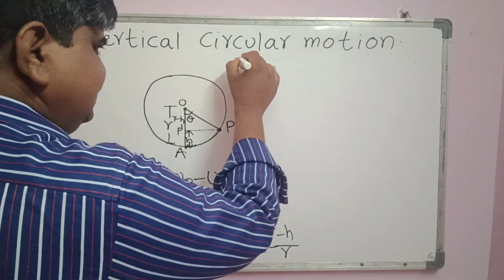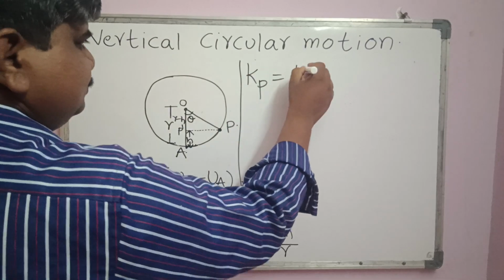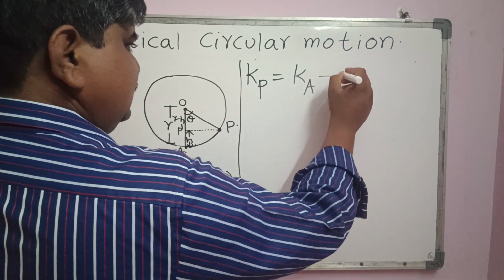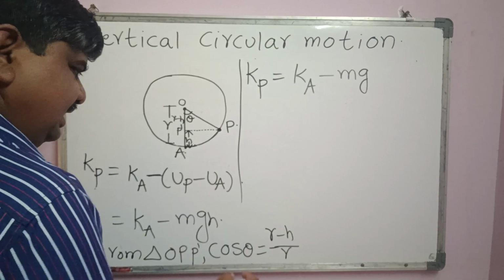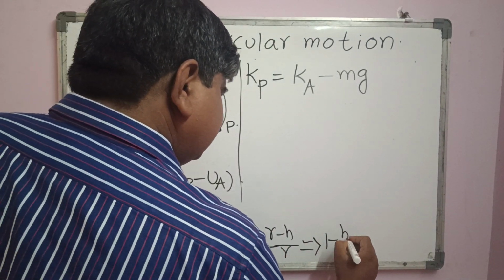By simplifying this equation, we can write Kp equals Ka minus mg into h, where cos theta equals 1 minus h by r.